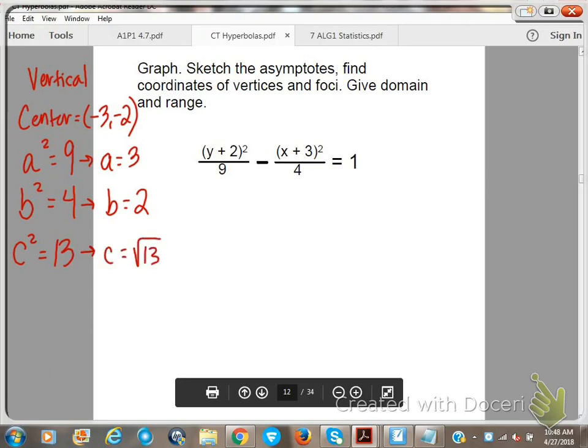Okay. Our center has changed, so is that going to change where our vertices are? It's not just going to be 0, 3 and 0, negative 3. So start from your center and count.